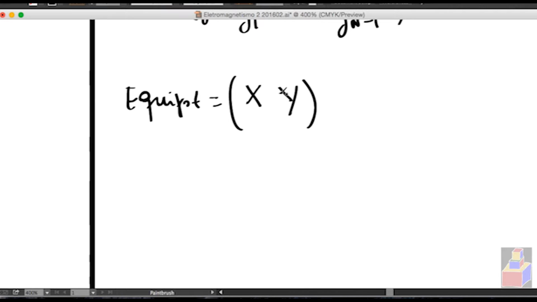Because a line is going to put together all the equipotentials that are not related. So plot points, and you can see the equipotential lines by points. In fact, in this assignment, we are going to plot the equipotential lines together with the field lines. So you see the orthogonality property, okay?